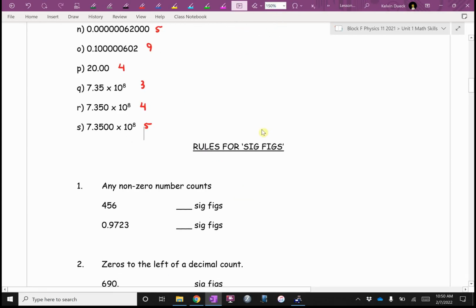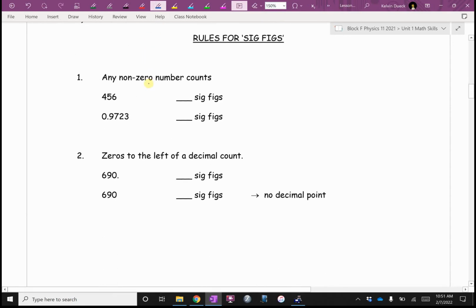If you want me to give that to you in English as rules, okay. First, any non-zero number counts. So 456, how many sig figs? 0.9723, how many sig figs? 4.